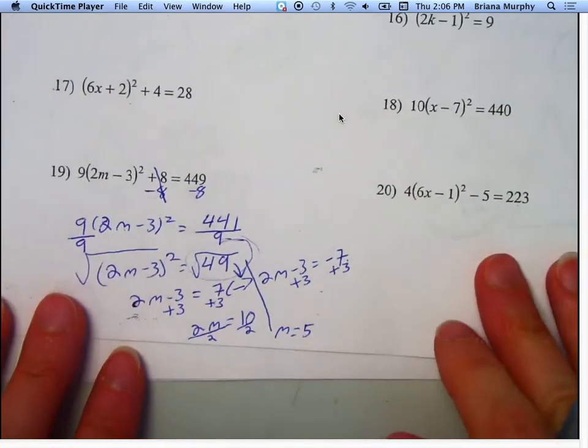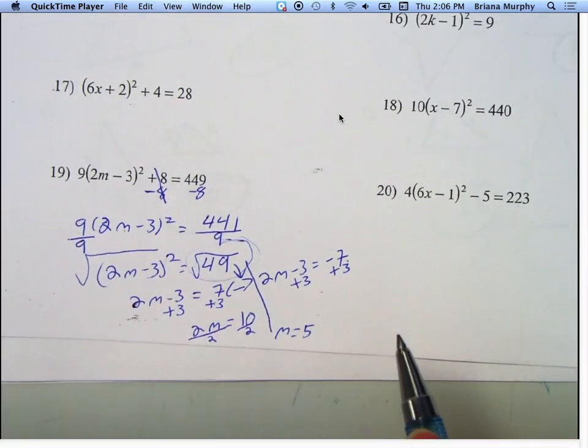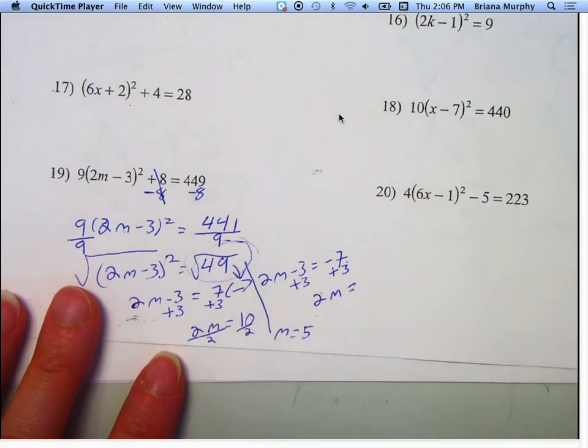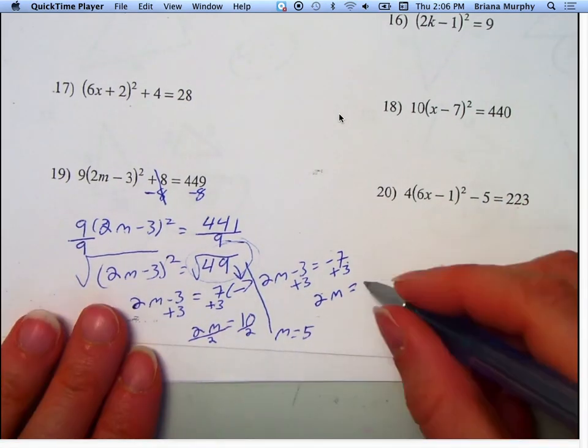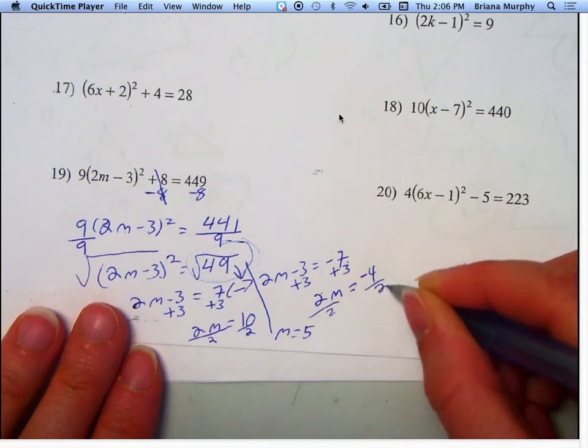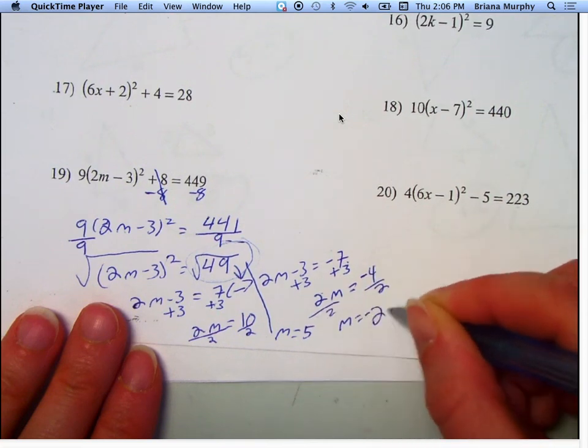Would it be a plus and minus sign? No. Then why does it still equal 10? It doesn't. Negative 7 plus 3 gives me negative 4. What about the positive? It does equal 10 over there. You have two different answers, right? So this gives me negative 4. Divide by 2. m equals negative 2.